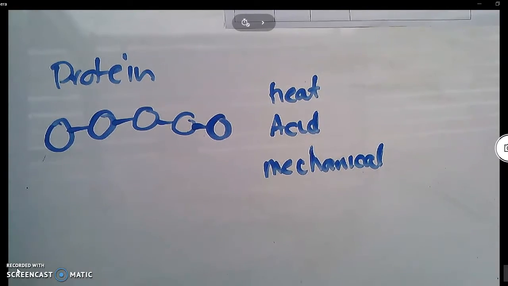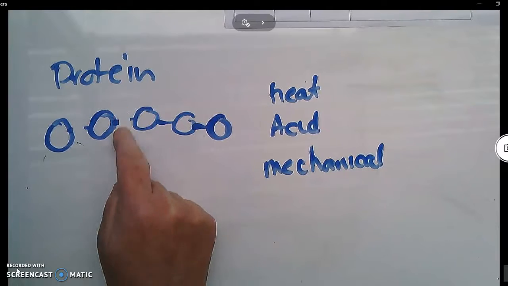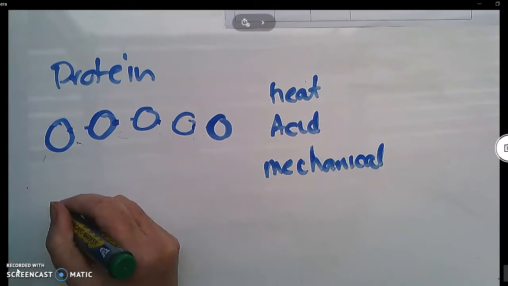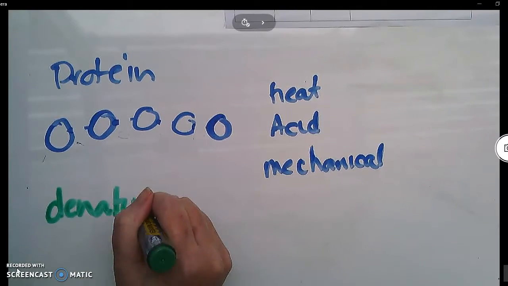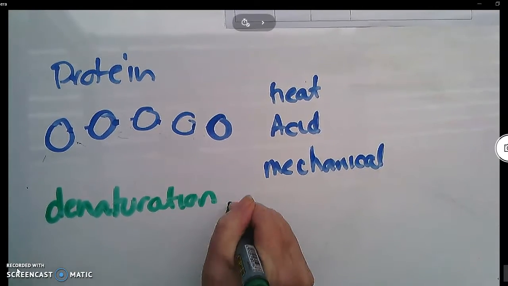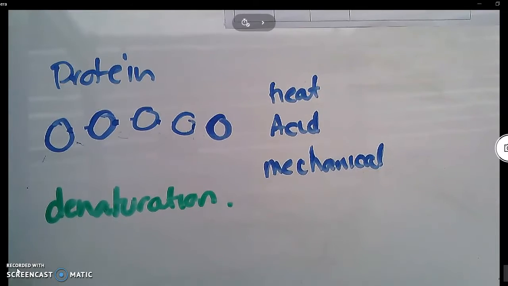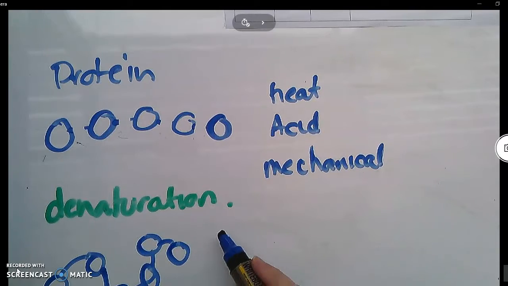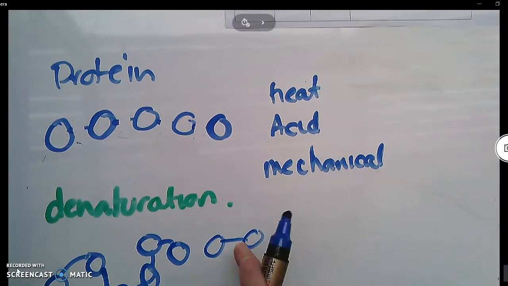What we're actually doing is breaking these bonds, and that process is called denaturation. So we're denaturing the protein strand. The only way I can describe it is that we've got our bonds in a semi-tight, curling structure. But when we break these bonds, it relaxes the bonds a bit and it stretches out a little bit. And that is denaturation.